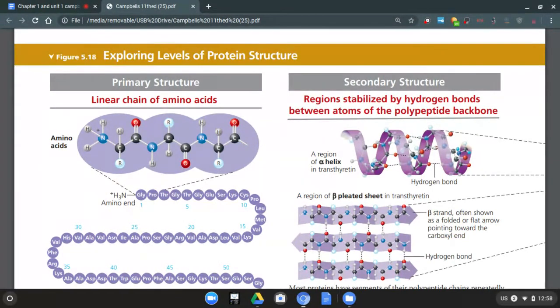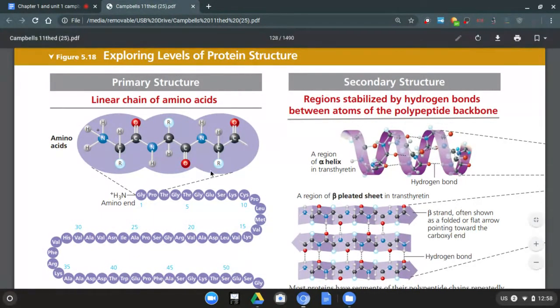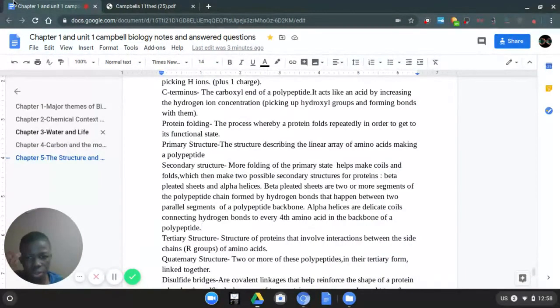So just know they're two secondary structures, and you can easily tell which one's beta and which one's alpha, and they're both governed by hydrogen bonds. For secondary structure, just know those two terms, and that secondary structure equals more folding from primary structure, which makes coils and folds.